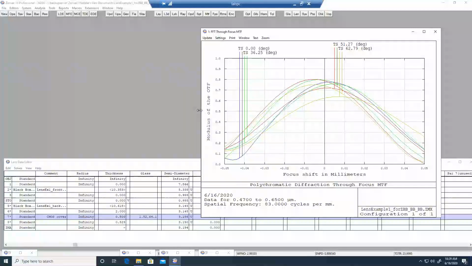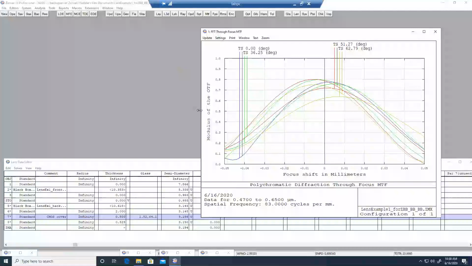This lens, when it was first designed, was probably with the intention of functioning in the visible spectrum. Now, depending on the exact application, there might be a different light source. For example, instead of visible, maybe there are certain applications that also need to use a lens at near infrared or at 850 nanometers. And in this case, of course, we would adjust the wavelength. We'd want to evaluate how the lens performs at that wavelength.